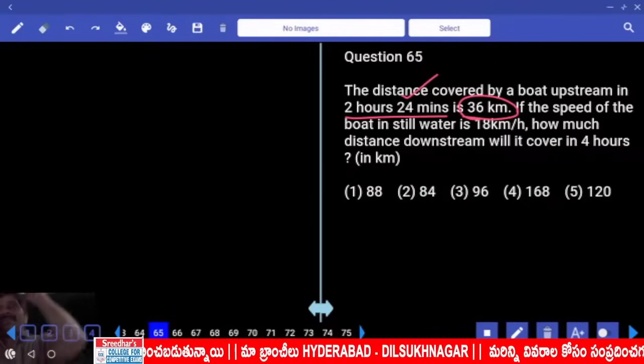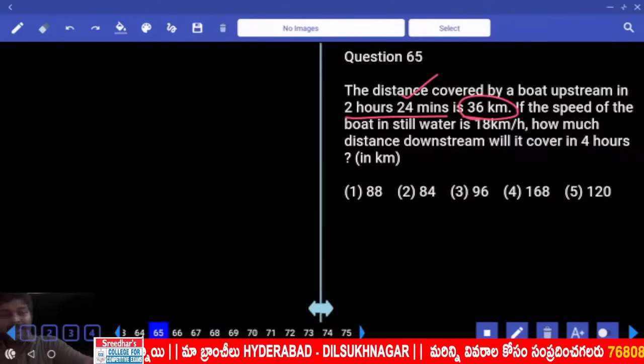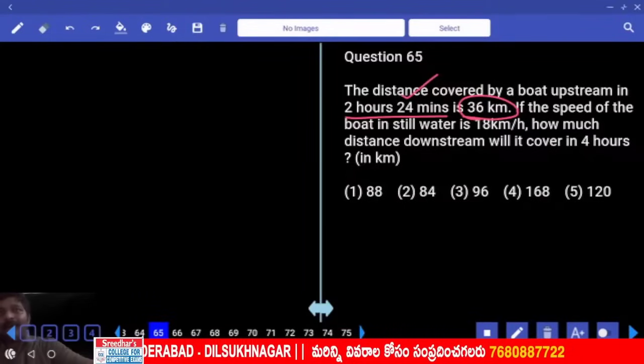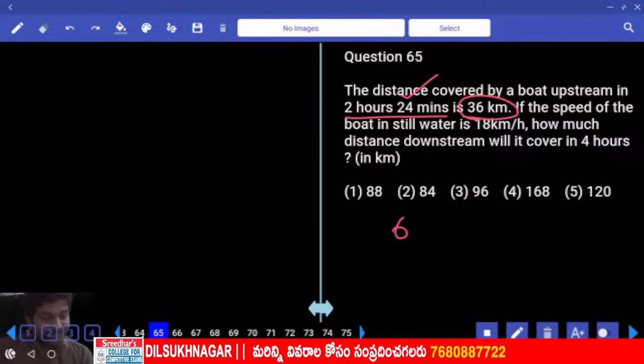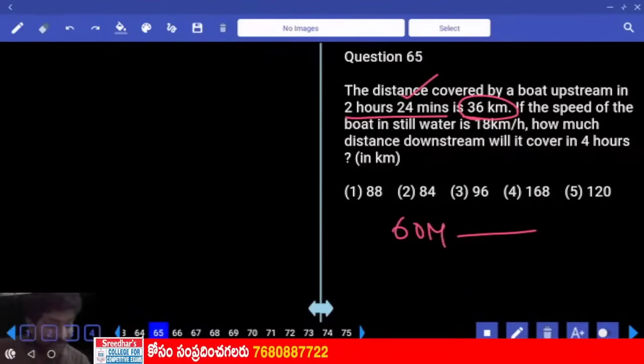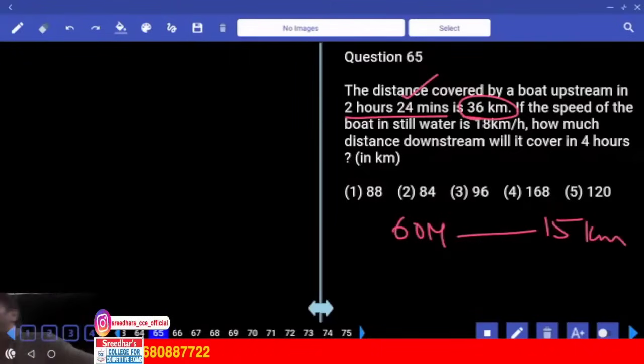What is half of 144? Again, what is half of 72? So now we will convert to 60 minutes. Half of 60. Again half. So in 60 minutes, 15 kilometers can be covered using the same proportion.